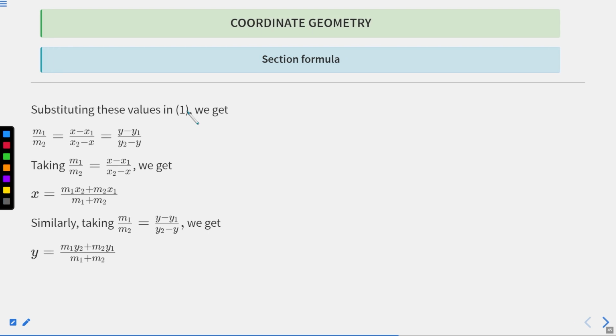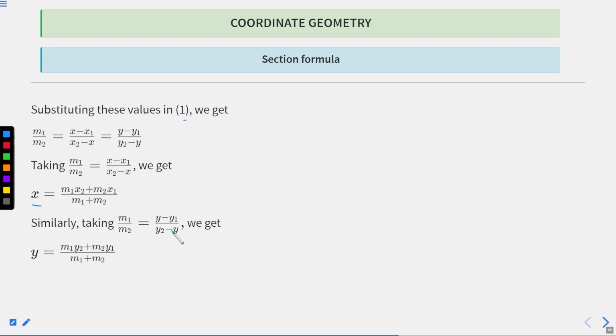So substituting these values in 1, we get m1 by m2 is equal to x minus x1 divided by x2 minus x, and this is equal to y minus y1 by y2 minus y. Okay, and taking m1 by m2 equal to x minus x1 by x2 minus x, we get the value of x is equal to m1 x2 plus m2 x1 divided by m1 plus m2.